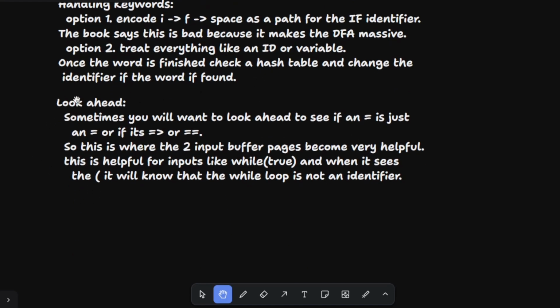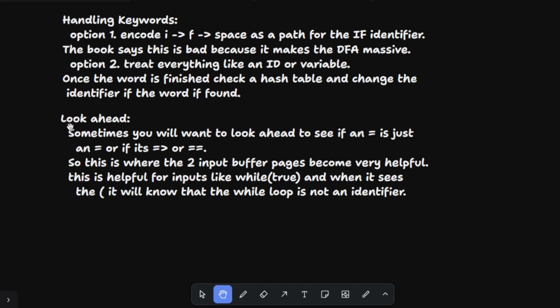Another thing that's a problem is look ahead. Sometimes you want to look ahead to see if, for example, an equal to is just an equal to, or if it's an equal to or greater than. You want to know if the equal is an assignment or a comparison. You know what I mean? So sometimes looking ahead can be useful.